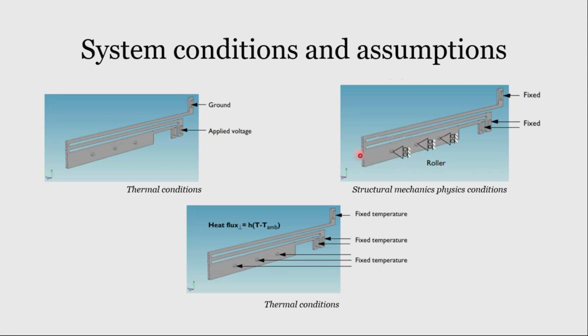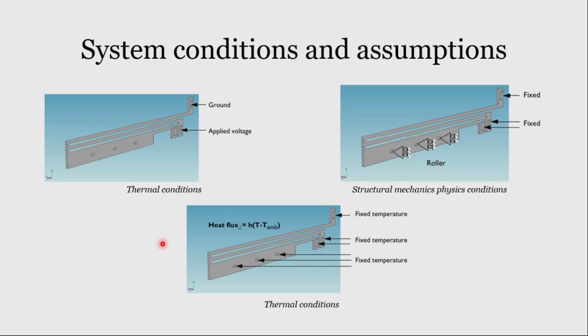So this is my structural mechanics setup, and then finally my thermal properties are that I fix my temperature at the dimples and the anchors, and on the remaining boundaries I apply a convective heat flux. If the temperature is very high, you can also apply radiative heat flux.